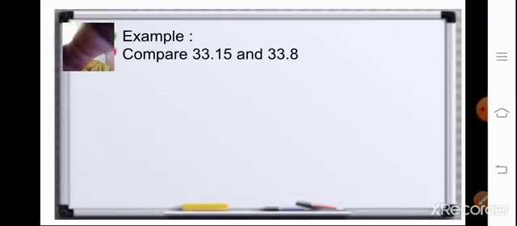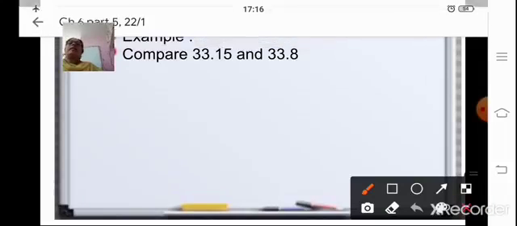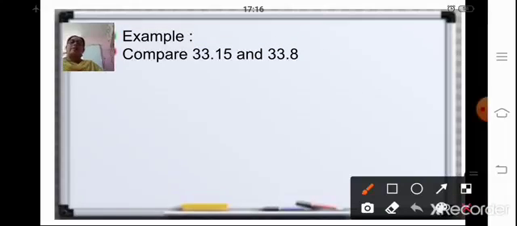First, let us learn how to compare two numbers. Here the two decimal numbers are 33.15 and 33.8. Keeping in mind the steps, first we will change the unlike decimals to like decimals. Now here 33.15 has two decimal places, but 33.8 has one decimal place.